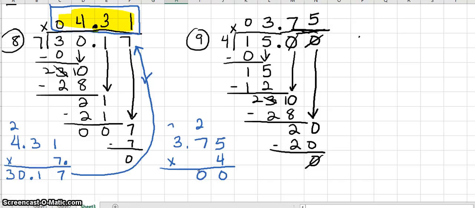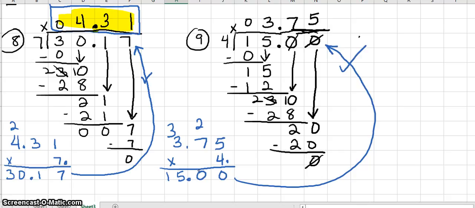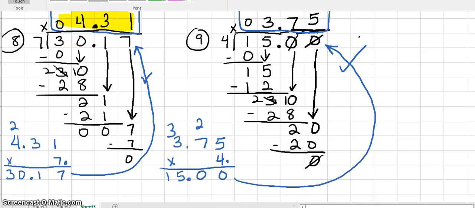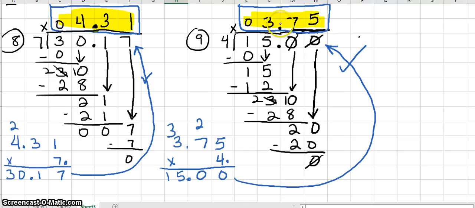Put my 0 down, carry my 3. 4 times 3 is 12, plus 3 is 15. Got 2 numbers behind the decimal, 2 numbers behind the decimal in my problem, and it checks out. So here is my answer, and let's move on to the next one.